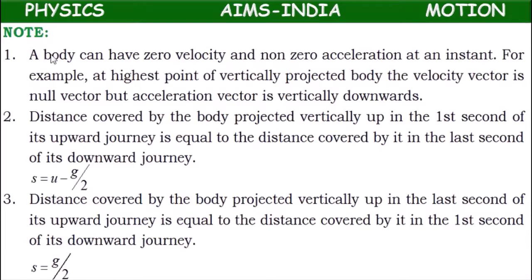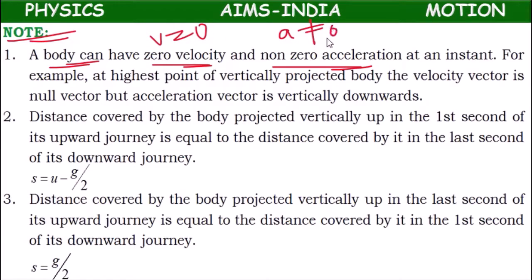Next one. Here we have to note some points. A body can have zero velocity and non-zero acceleration. Velocity equals 0, but at the same point acceleration is not equal to 0, at an instant, at the same time. For example, at the highest point of a vertically projected body, the velocity is 0.